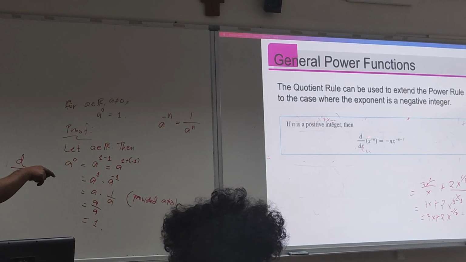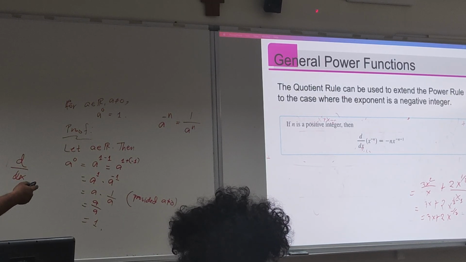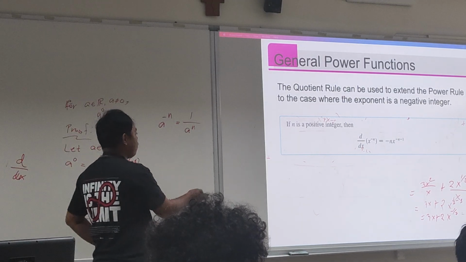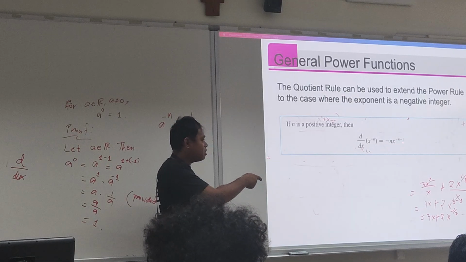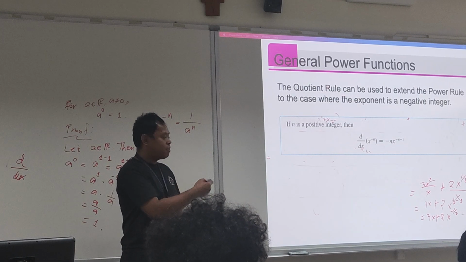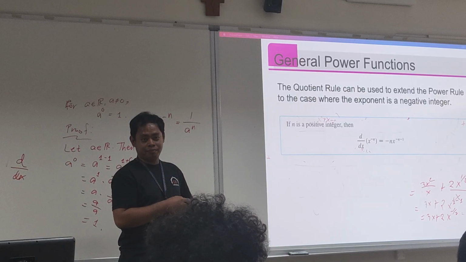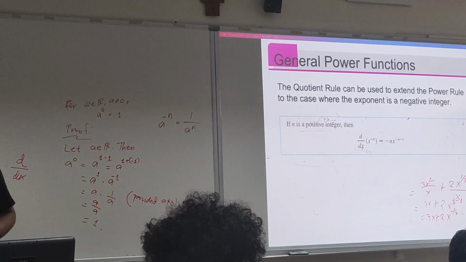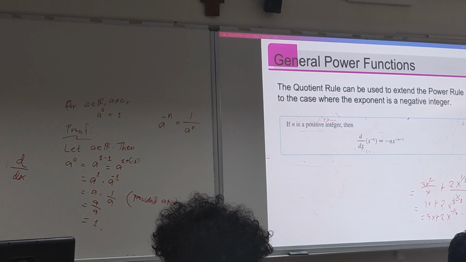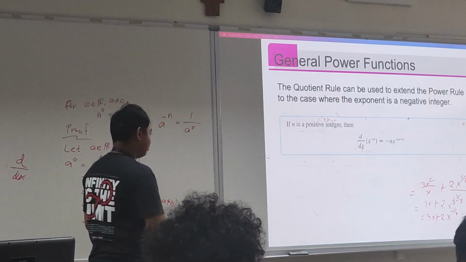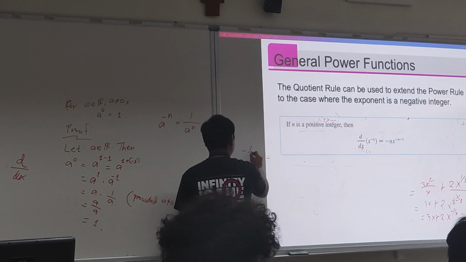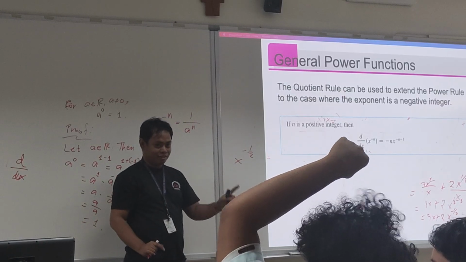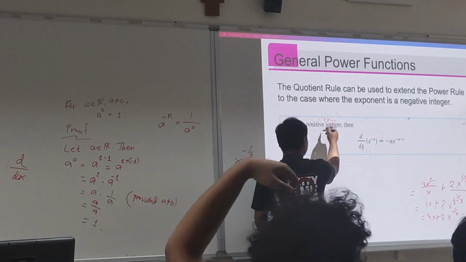If you have the negative of n as your exponent, taking the derivative of x raised to the negative n is the same as negative n times x raised to the negative n minus 1. So if you have x raised to the negative 1/2, n is positive.